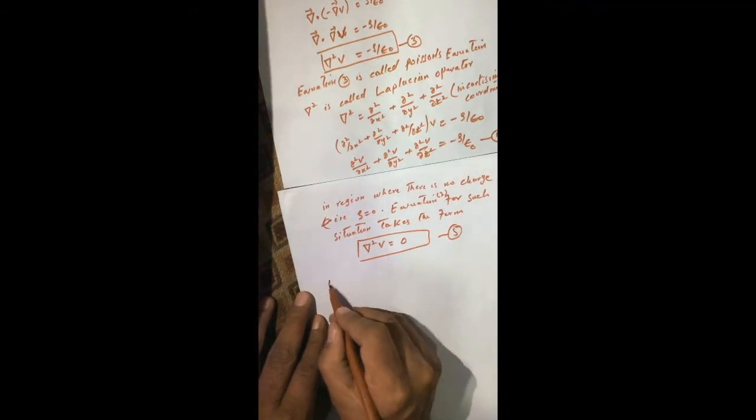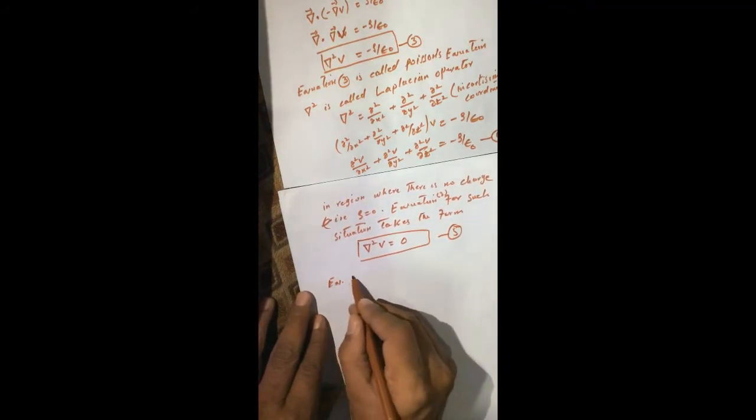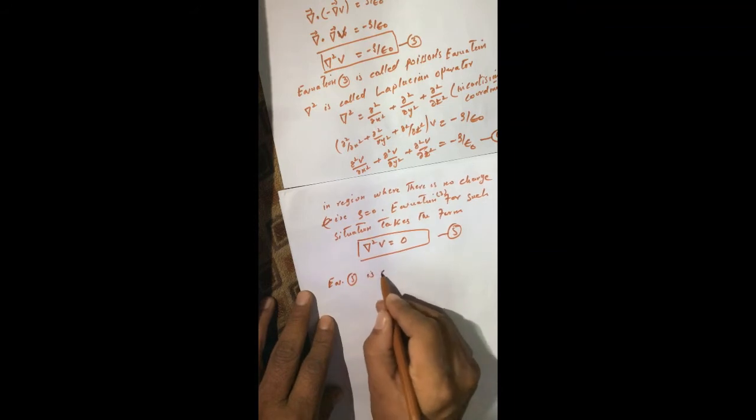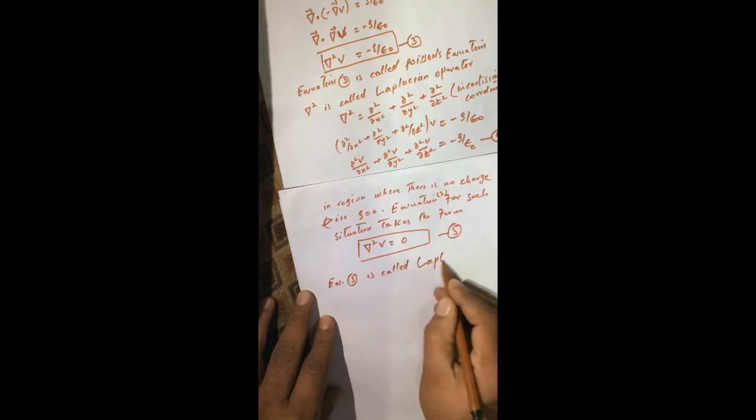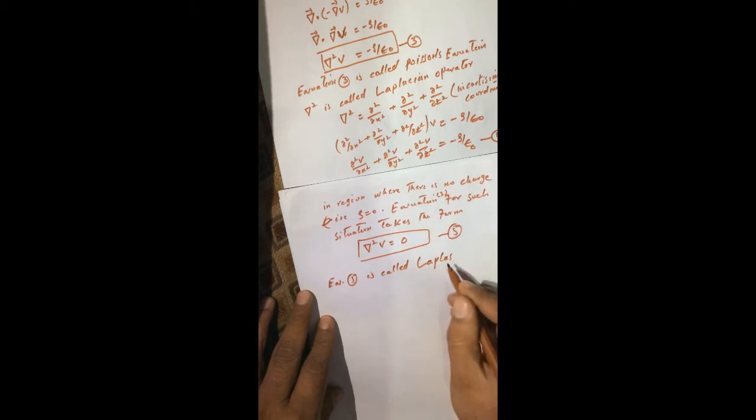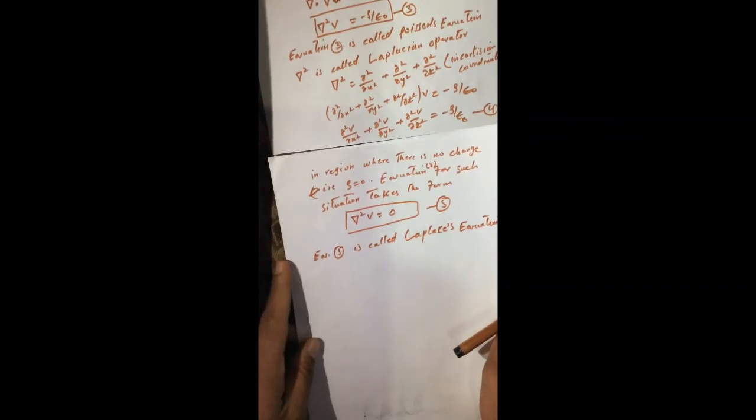Equation 5 is called the Laplace equation. Now we know that this is the Laplace equation.